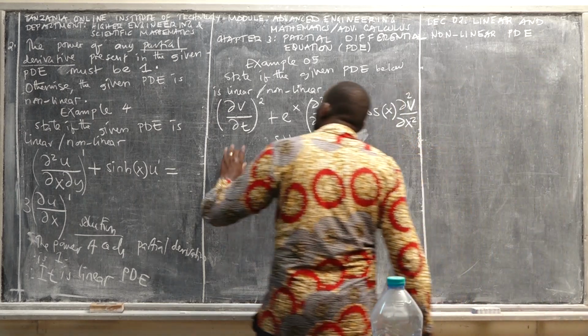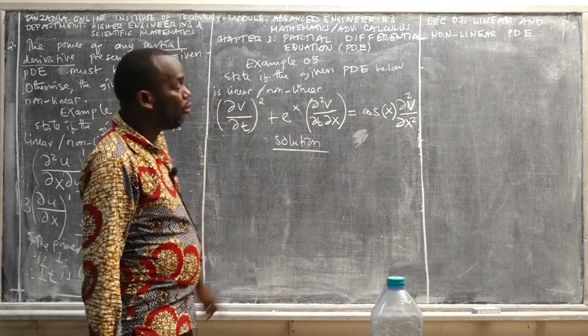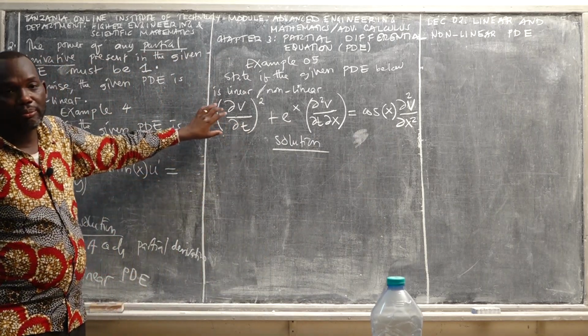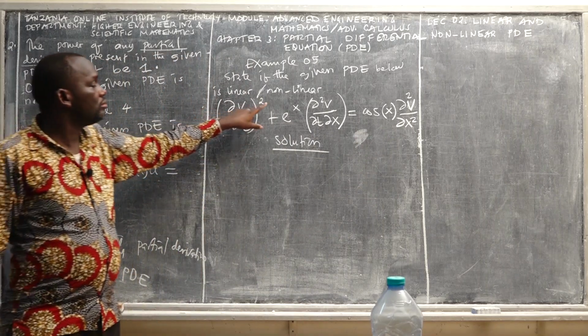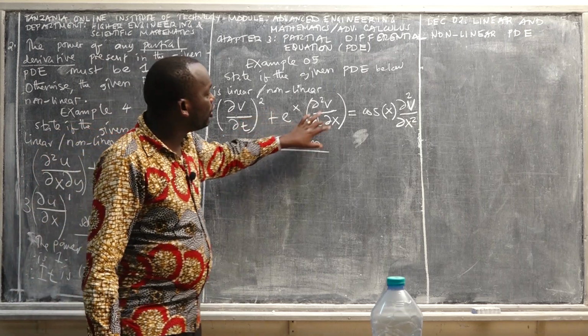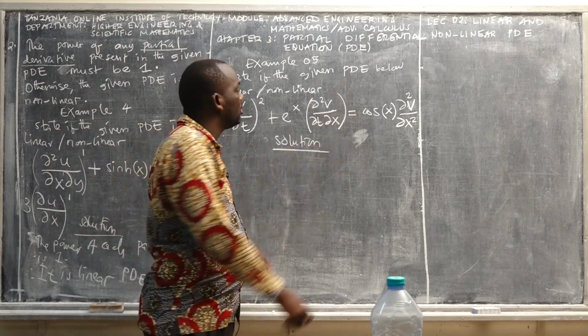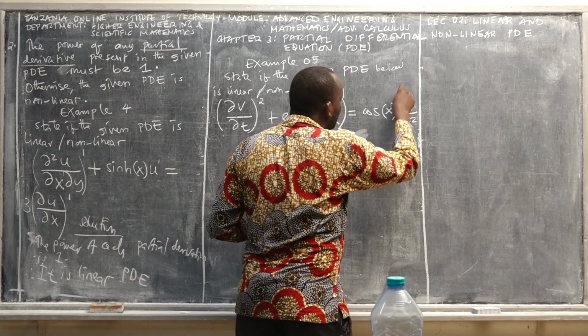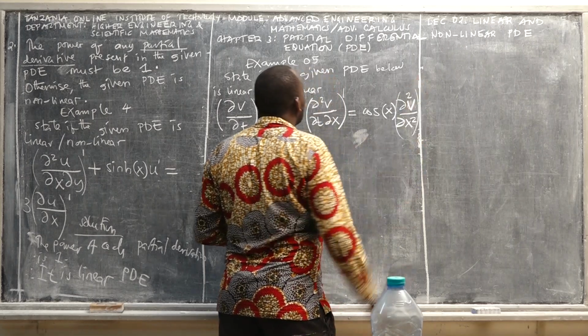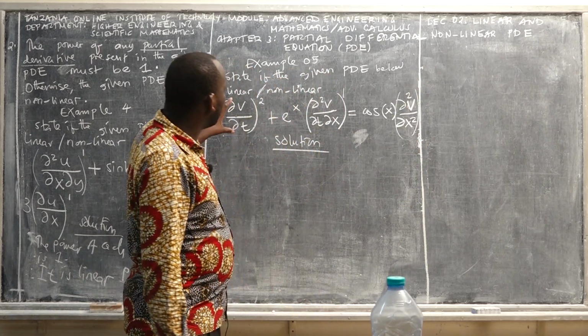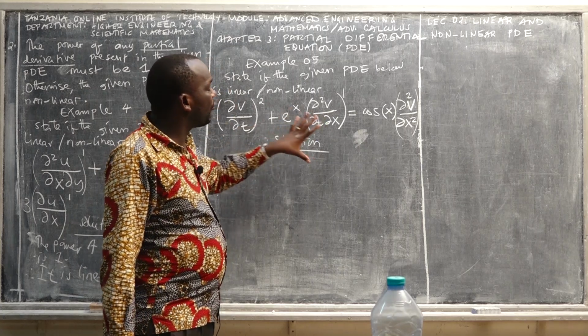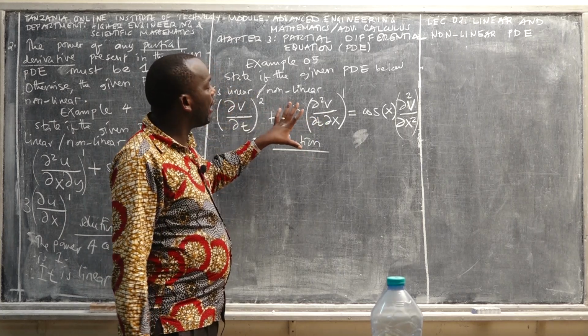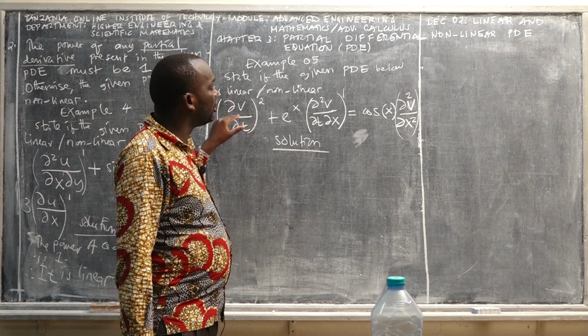How many partial derivatives you have? 1, 2, 3. What the power of this partial derivative? 2. What the power of this partial derivative? 1. What the power of this partial derivative? 1. So, is the power of any partial derivatives equal to 1?